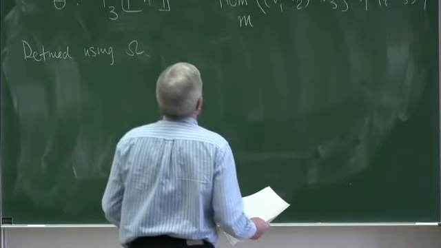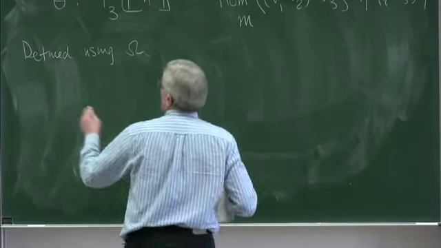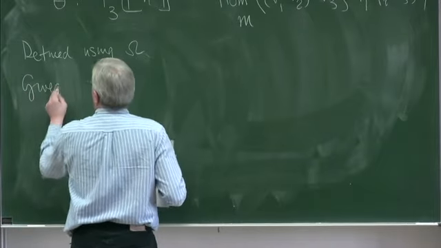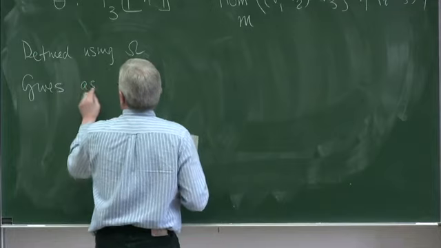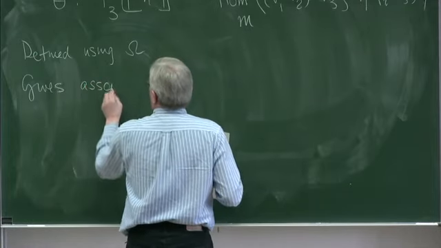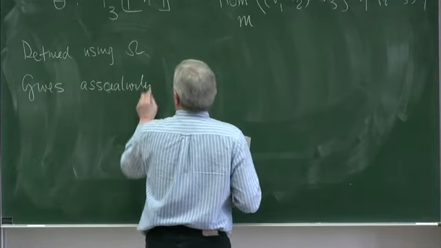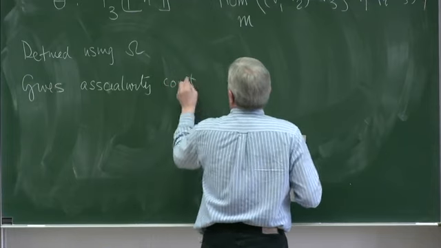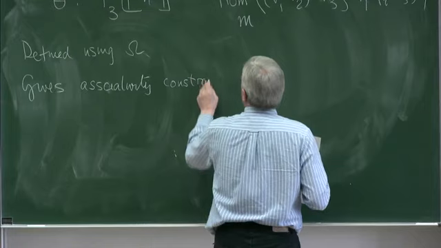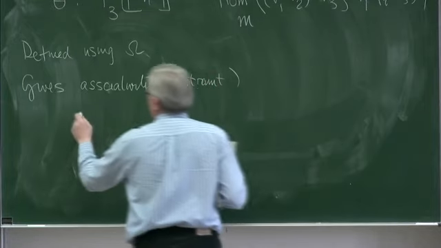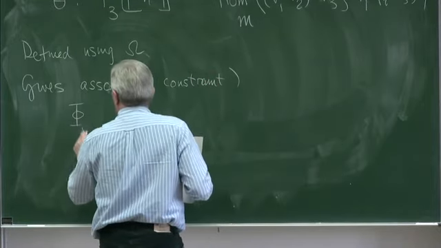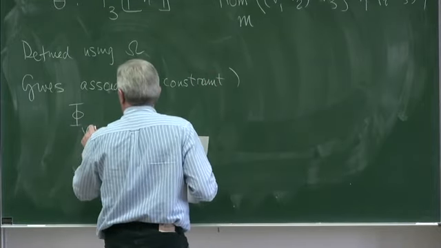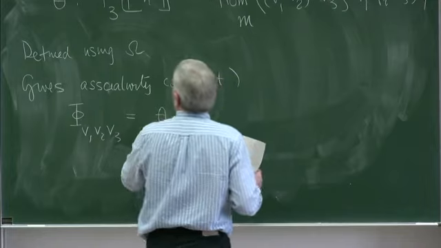I'm just summarizing: the associativity constraint phi V1, V2, V3 is theta of omega.